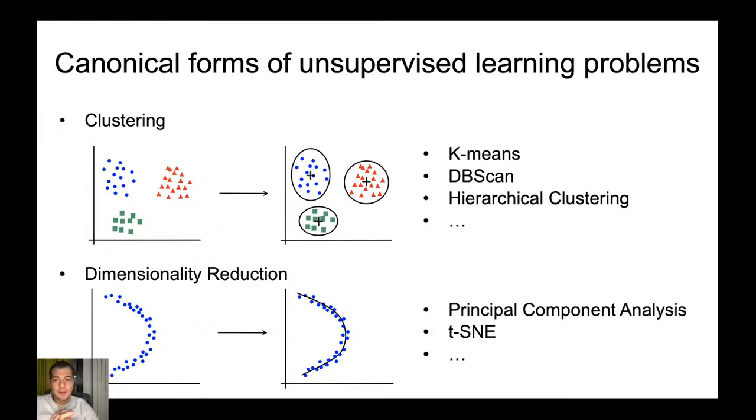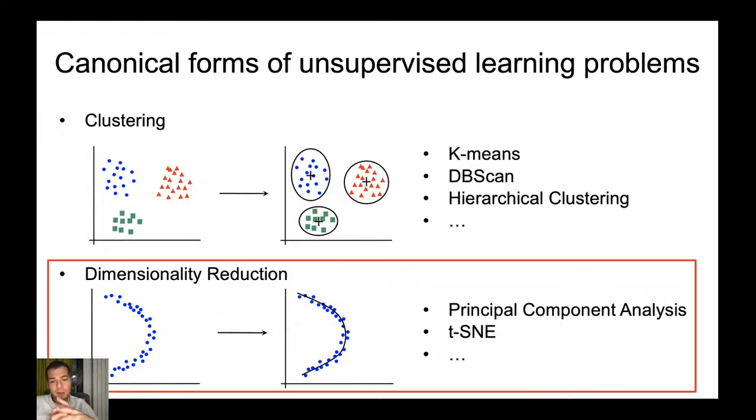We discussed the clustering approaches in the previous lectures. Today we're going to dedicate our attention to principal component analysis, which is perhaps the most popular dimensionality reduction approach. And then we're also going to discuss t-SNE. Of course, there are also other dimensionality reduction approaches.